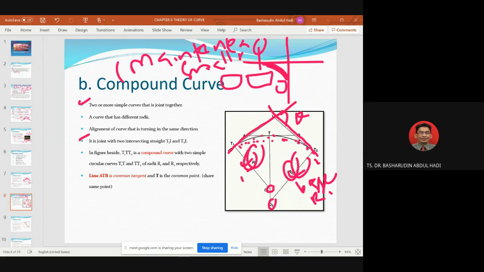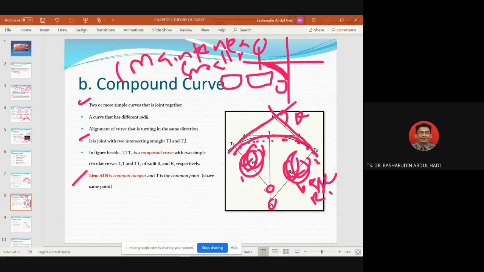In the figure beside, T1, T2 is a compound curve, with two simple circular curves of radius 1 and radius 2.